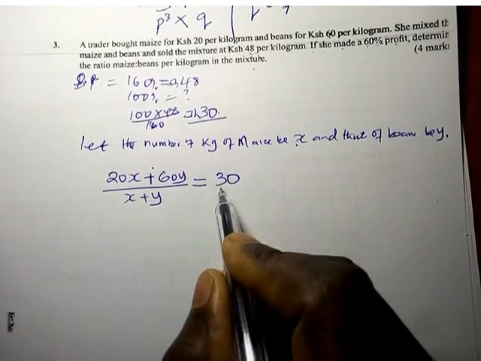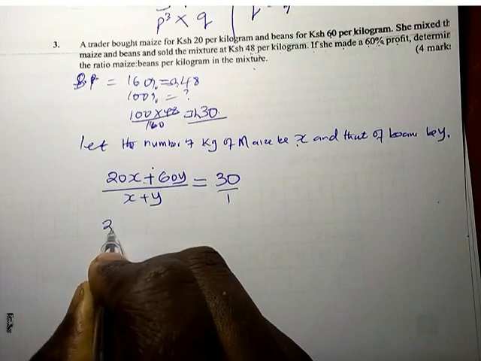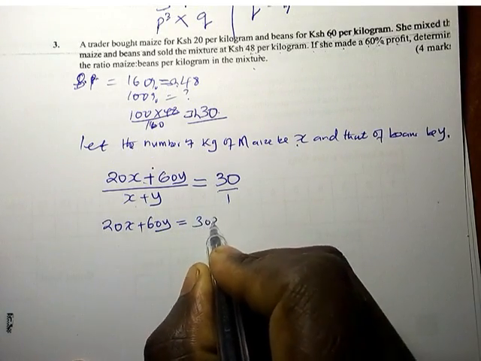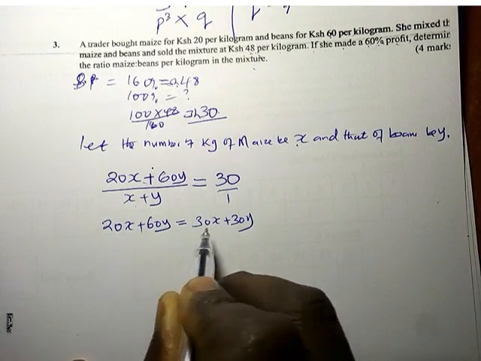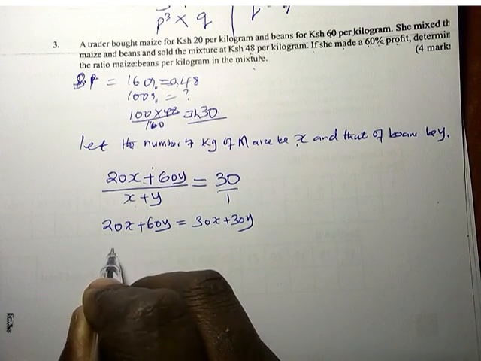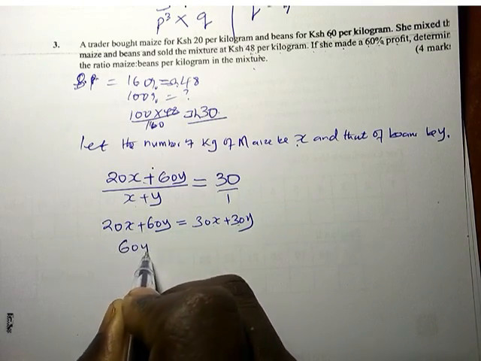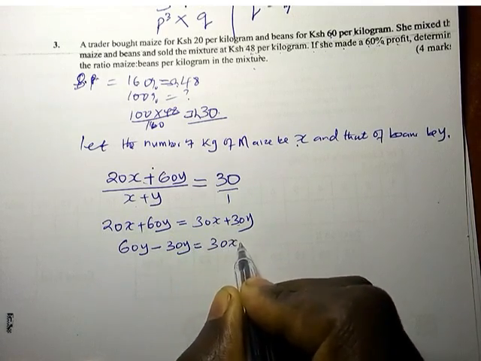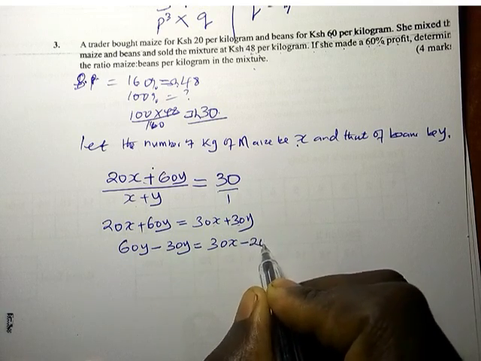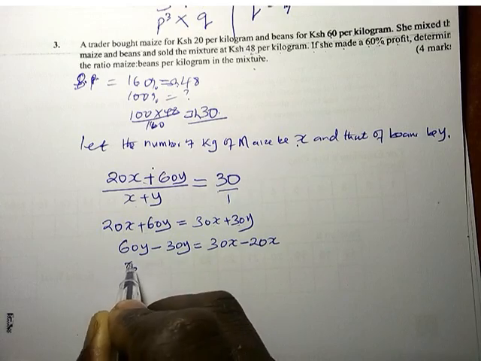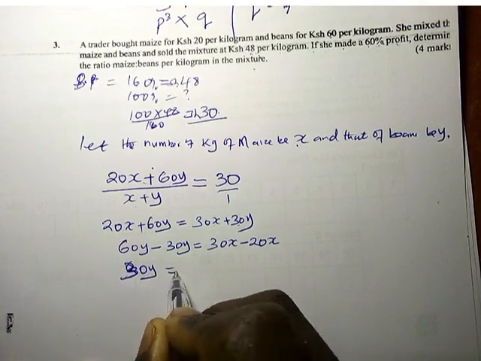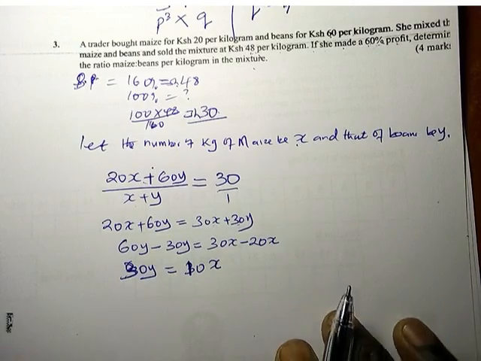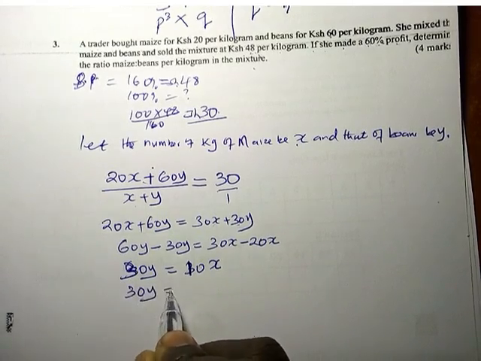So let us cross multiply. You put over 1 this times that. So we will have 20x plus 60y is equal to 30x plus 30y. Like terms together, we will have 60y minus 30y equal to 30x minus 20x. So we will have 30y equal to 10x.